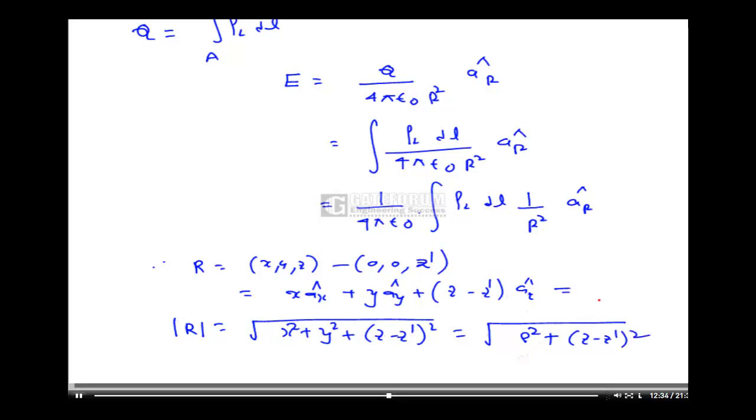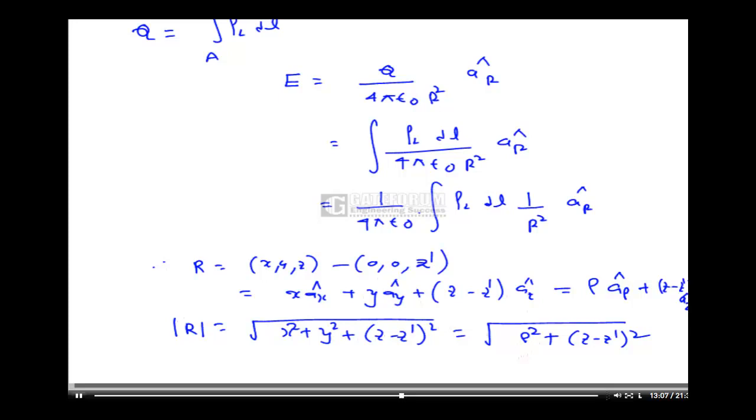So this is also equal to rho a rho plus z minus z dash az. I can simplify like this because here I am assuming cylindrical distribution for easy analysis. So substitute these values in the integration, and if you simplify, you will get the answer. So this is a general procedure to calculate the electric field intensity.